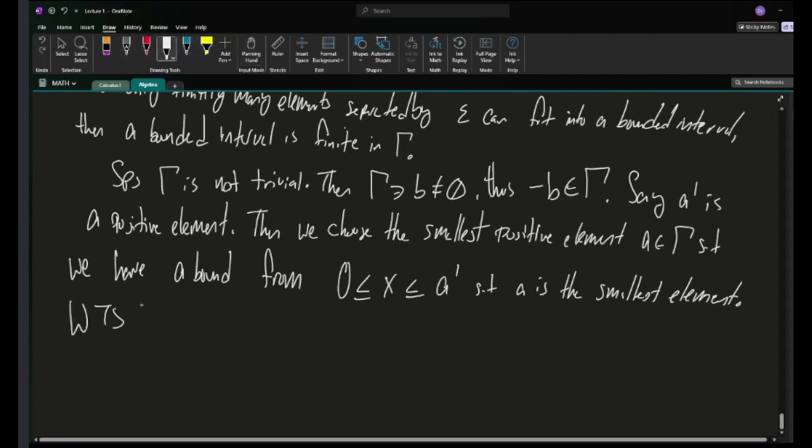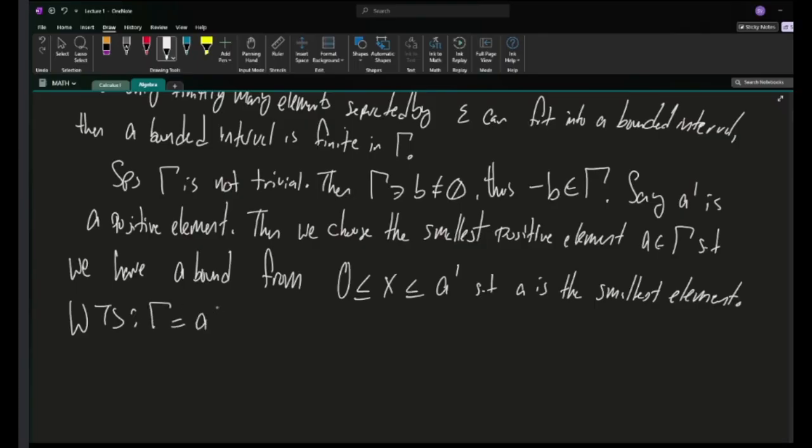We want to show that gamma is equal to Z a Z.